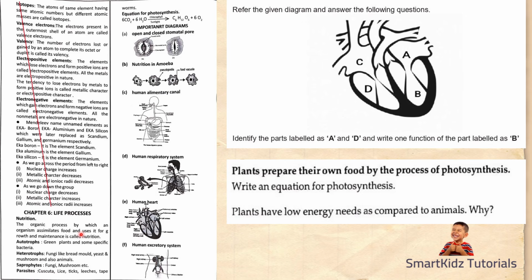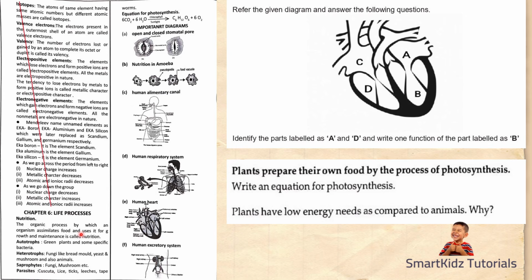In case of plants, we have those which make their own food. Those are called autotrophs. Then we have heterotrophs, which depend on the autotrophs for their nutrition. We have saprophytes, which depend on dead decaying matter. We have parasites, which depend on other living organisms for their nutrition. So that is something you've got to know.